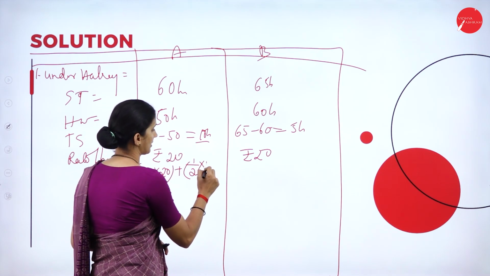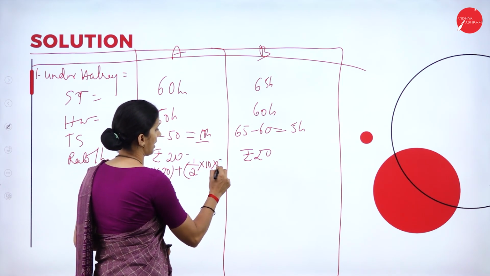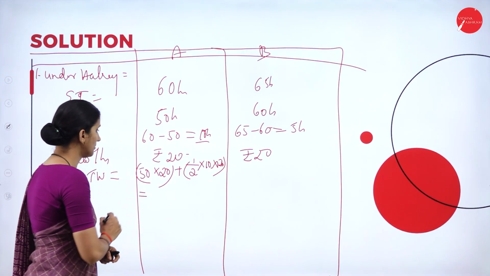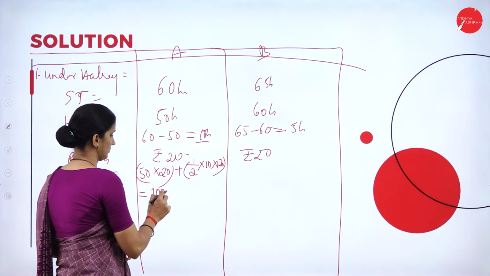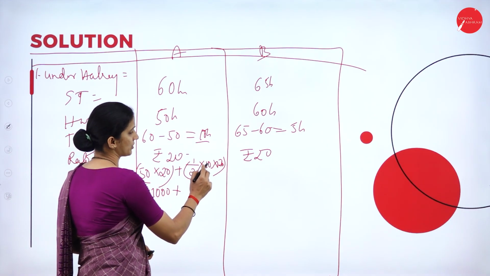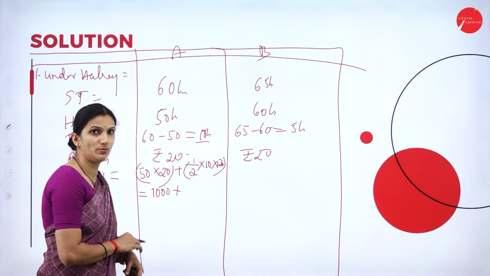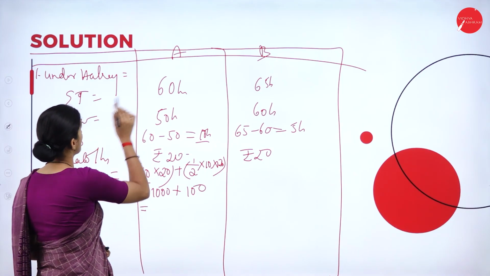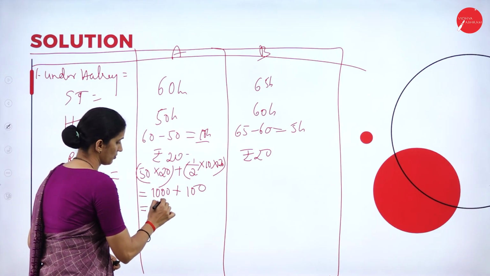Time saved here is 10 into rate per hour, 20. So here 50 into 20, 1000, plus 1 by 2 into 10 into 20, that is 100. So that means the total wage under Halsey's plan for A is 1100.